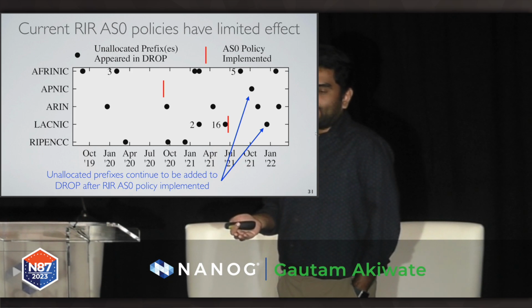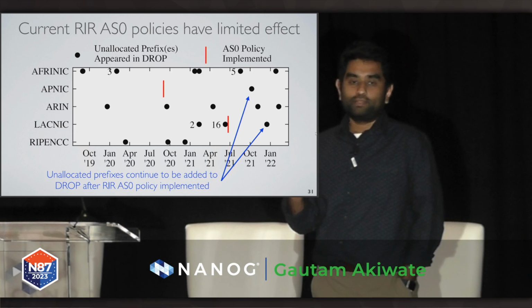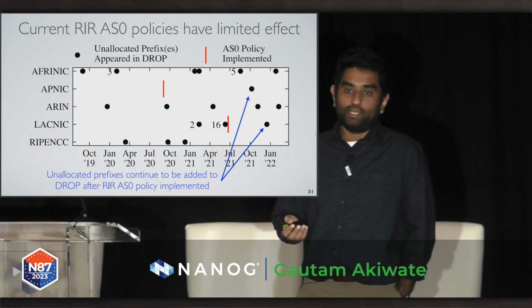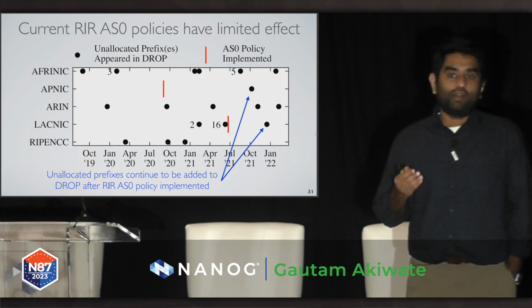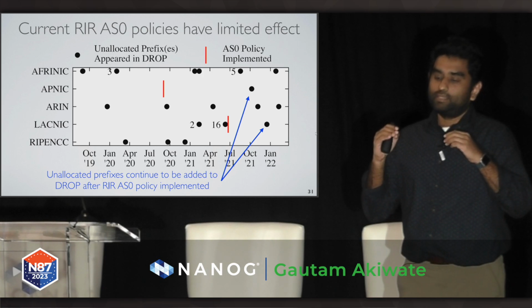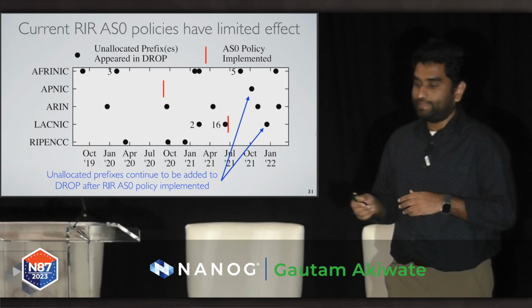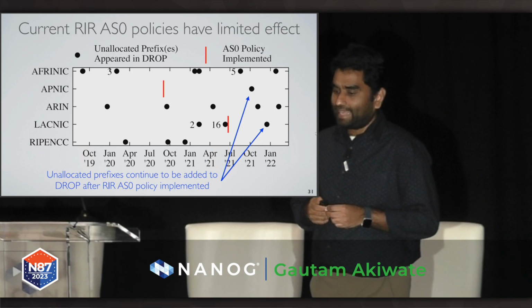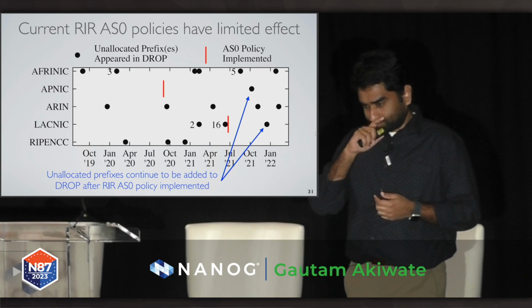And it also looks like the RIR AS0 policies have limited effect. That said, this could also be because the only 2 RIRs that do this are APNIC and LACNIC, and because the 2 AS0 RIRs are on different trust anchor locators, TALs, and as a result are not used by anyone.